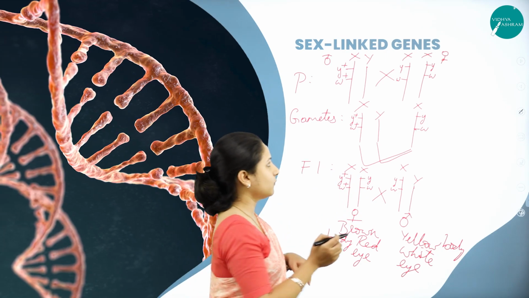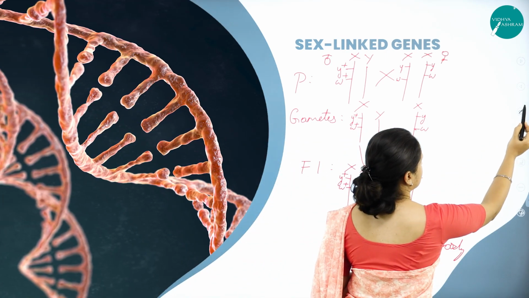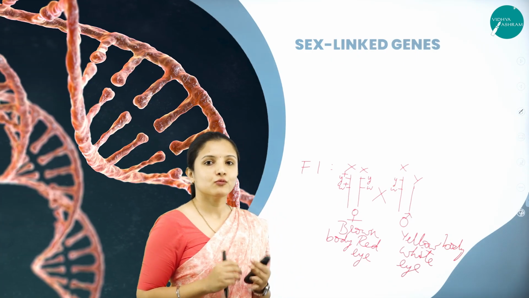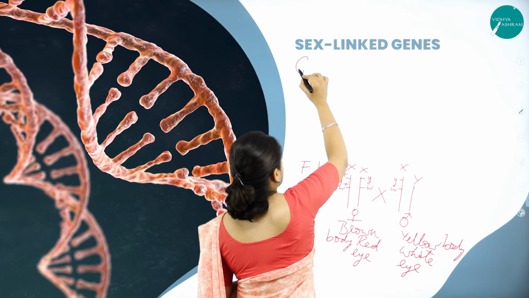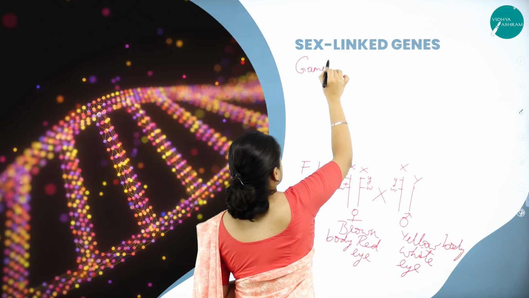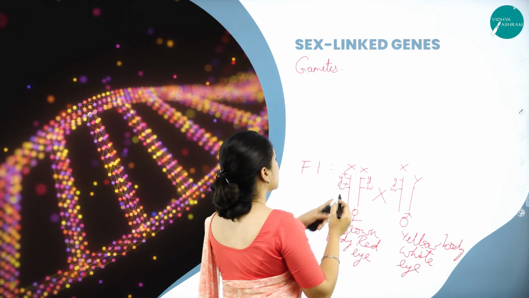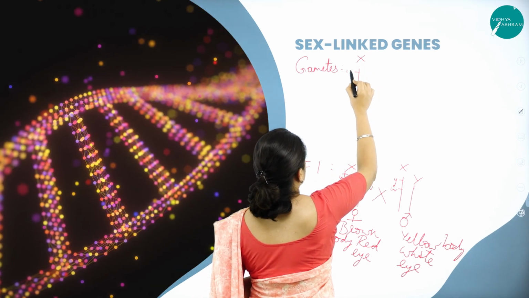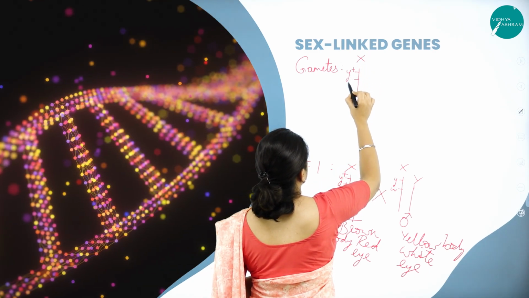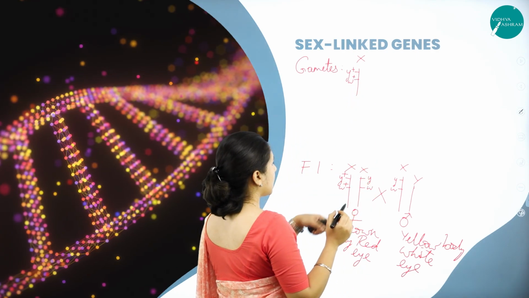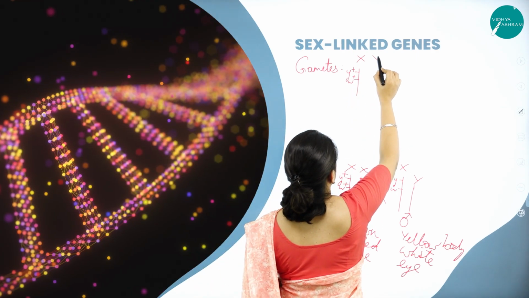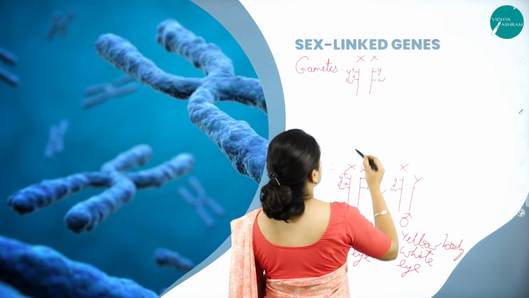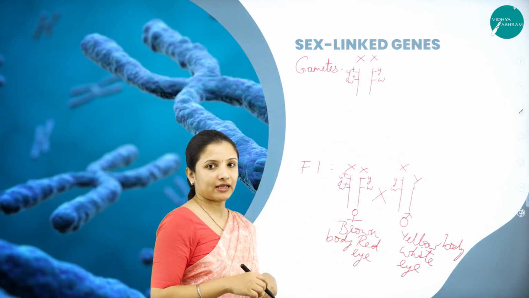What are the gametes involved? We will first see with that. Erase the previous ones that have been done. So we shall see what gametes are involved. y plus, w plus and y, w. So this is the parental gamete.